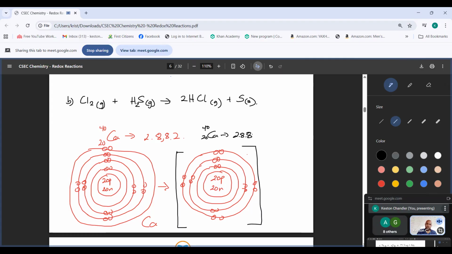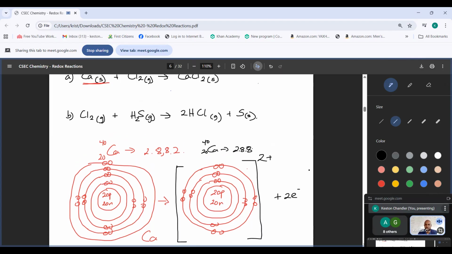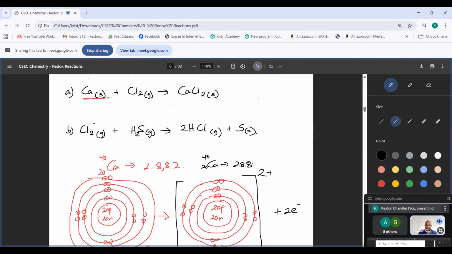So you're going to end up with a +2 charge, and these 2 electrons are going to be on the outside. Understand that? It is changing. It is going from this, which is on this side here, with the same number of protons and electrons. So the overall charge, or the overall, I don't want to use the word charge, the correct word is oxidation number, right? The overall oxidation number is 0 because you have the same number of protons and electrons.